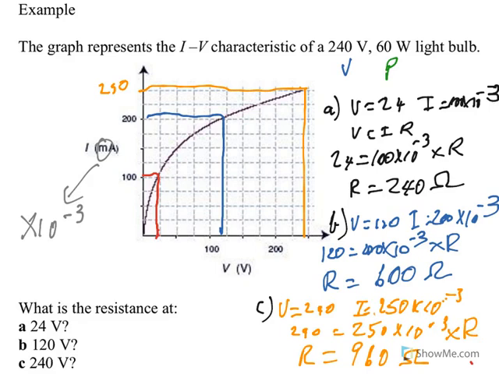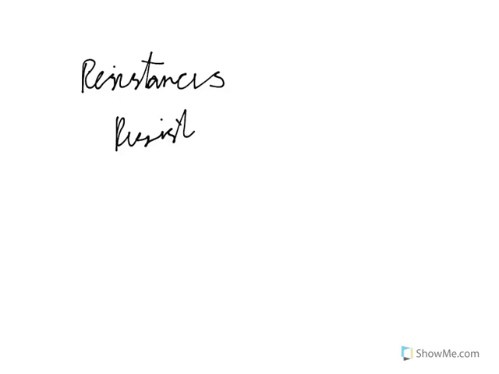Alright, the last bit in your notes talks about resistances. So resistances are anything that resist the flow of electrons. And the bigger the number, the higher the resistance.